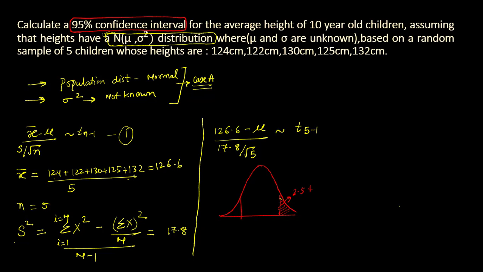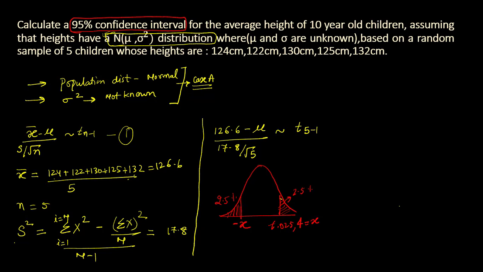So this would be t 0.025 comma 4, where 4 is the degree of freedom, and this would also be 2.5%. If this is x, then this would be minus x, as the t distribution is symmetrical in nature.